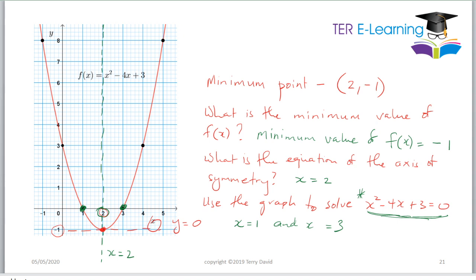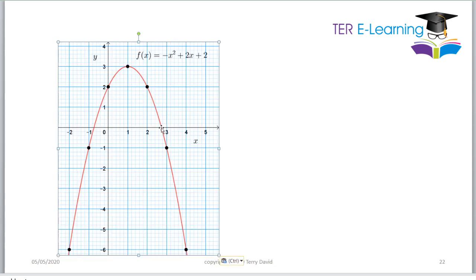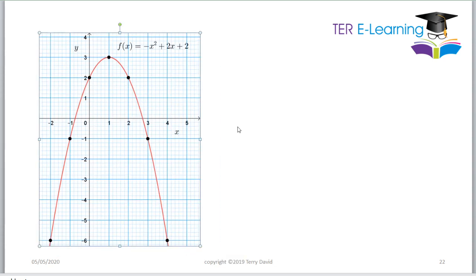So just to make sure you understand how to do this, let me give you an example. The second graph that we drew, let's talk about that graph. So that's this one here. So this is my graph. All right.